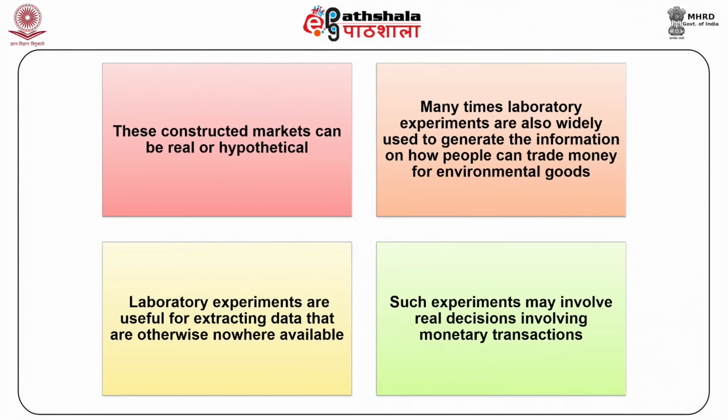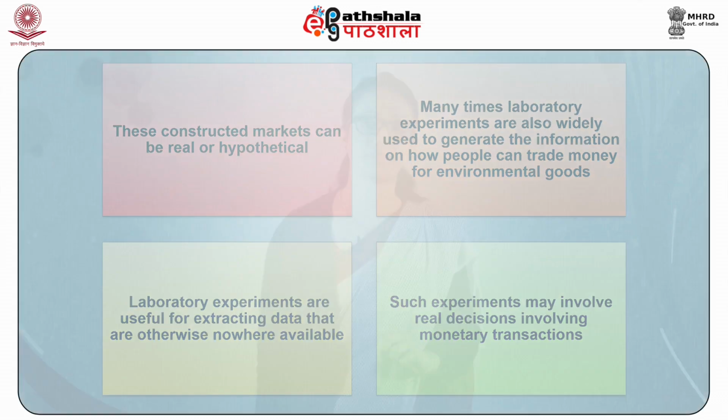Many times, laboratory experiments are also widely used to generate the information on how people can trade money for environmental goods. Laboratory experiments are useful for extracting data that are otherwise nowhere available. Such experiments may involve real decisions involving monetary transactions.